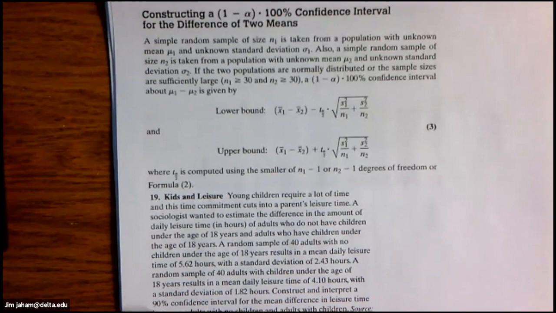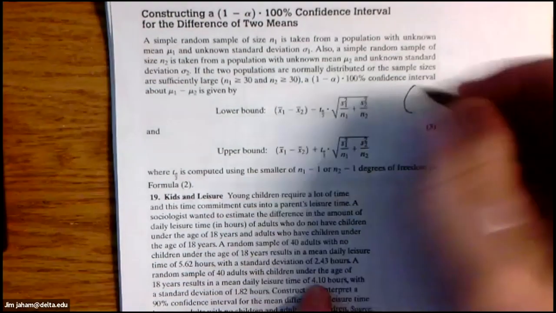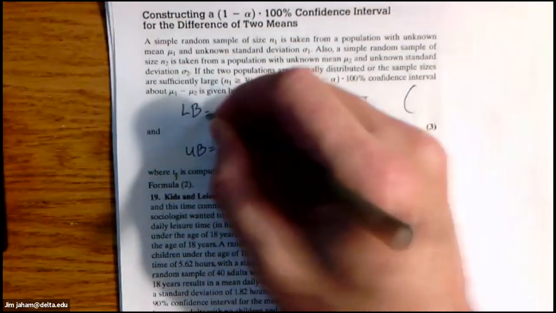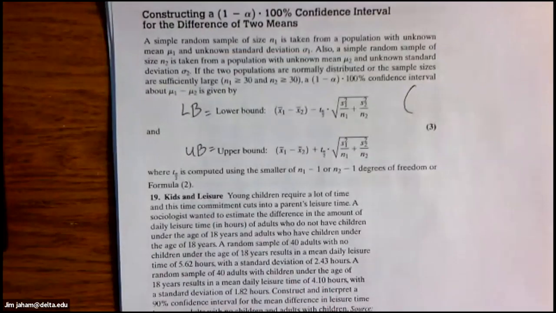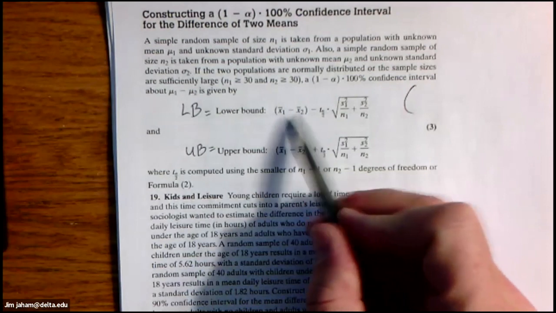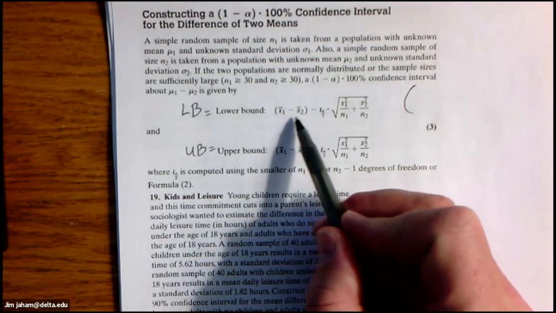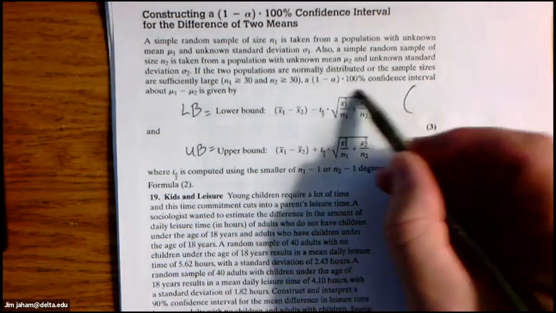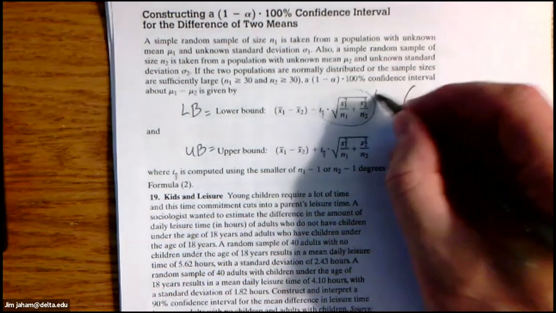Okay, so if you were going to use the lower bound and upper bound, and you were going to use a formula, this is exactly what the formula is. If we want to estimate the difference between two population means, it makes sense to calculate the difference of the sample means. So that's how we start off. And this whole piece is the margin of error.